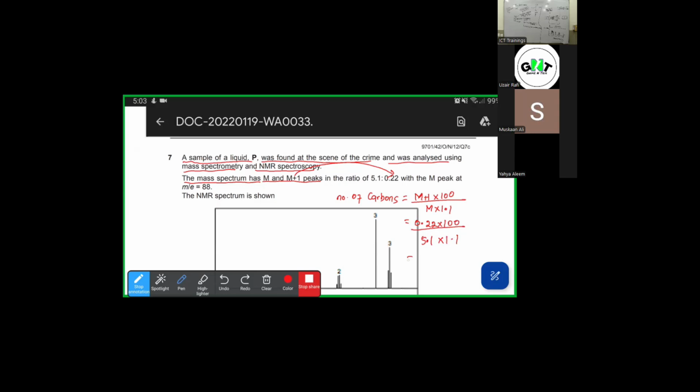So if you solve it, let me know what answer you got. 3.92. 3.92 means that is almost equal to 4. So you have to make it close to the whole number, whichever whole number is closer. So it means 4 carbons are present in this compound P.